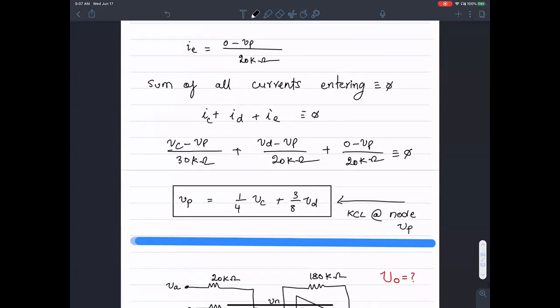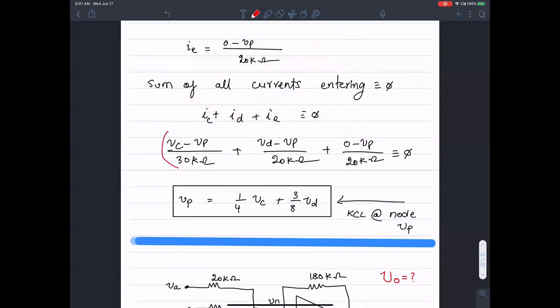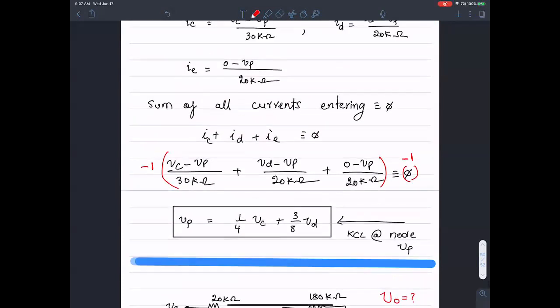So what I could do is multiply the left hand side by -1 and the right hand side by -1. It simply flips, and the right hand side is still 0. So there is an equivalence. When you choose the current directions and are careful with setting up the equations, the choice does not matter.